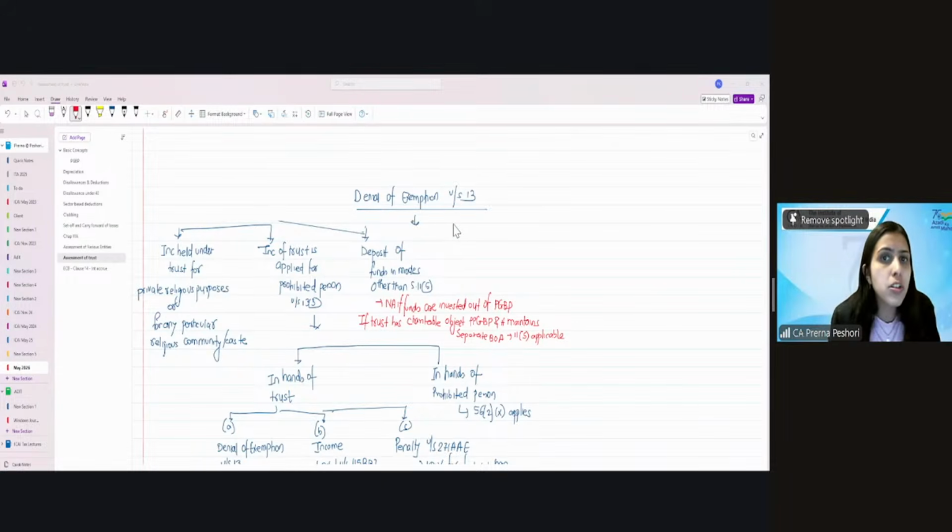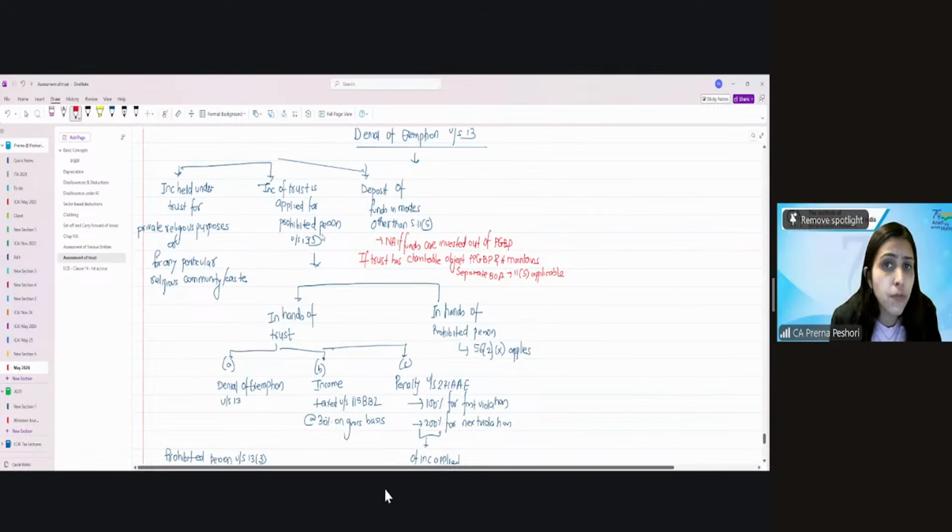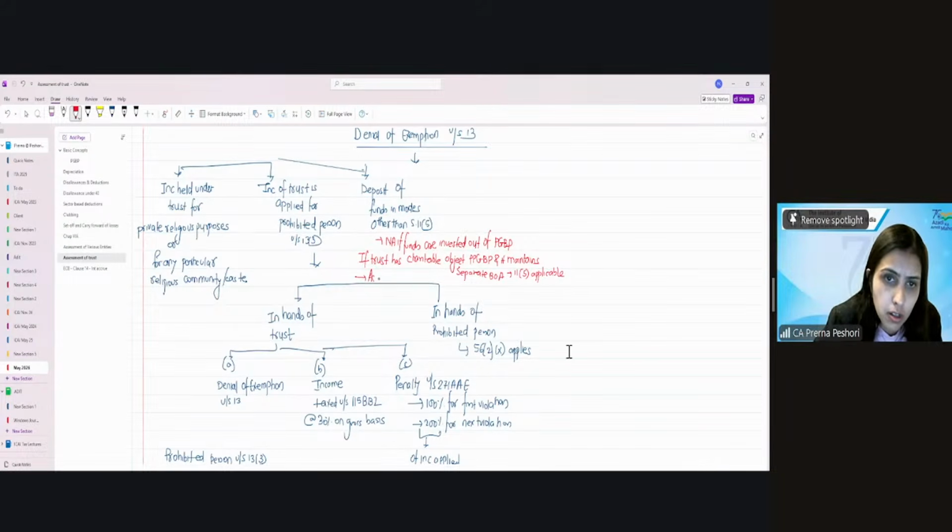So you can deposit the funds in modes other than 11.5, but asset should be held for less than 1 year. Clear? Any questions, any doubt?